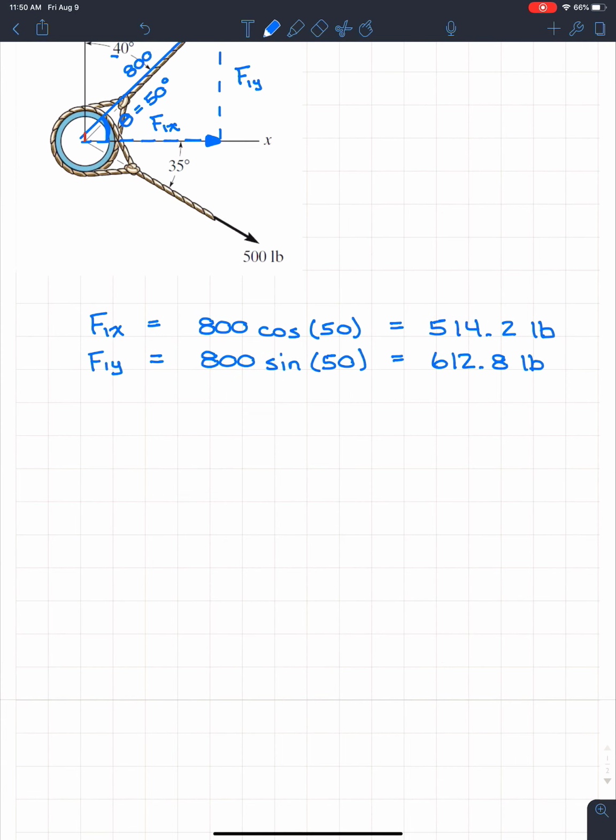Alright, so now with these components we can actually denote our vector using a very specific format. You're going to want to remember this format because for the first part of the course, this is how you'll describe all vectors. And when we get to 3D vectors, you'll do the same. So we say F1, and since it's a vector, we should put the arrowhead on top because we're talking about the whole vector.